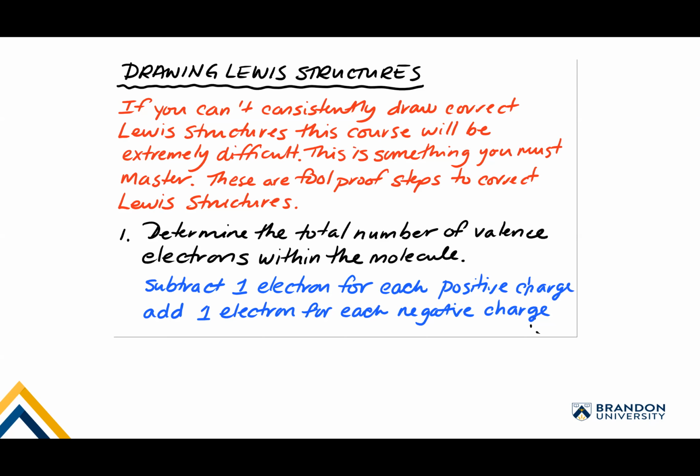You can do that by totaling up all of the valence electrons of all of the atoms that make up that molecule. If the molecule in question has a positive charge, you need to remove one electron. And if it has a negative charge, you have to add an electron. So if the overall structure is -2, that means you need to add 2 electrons. Counting up the electrons is the place where people go wrong the most.